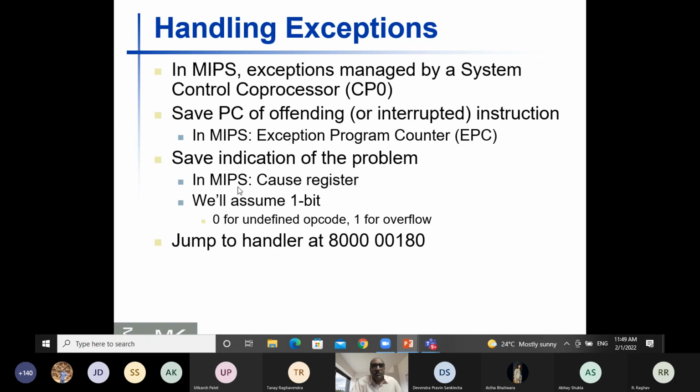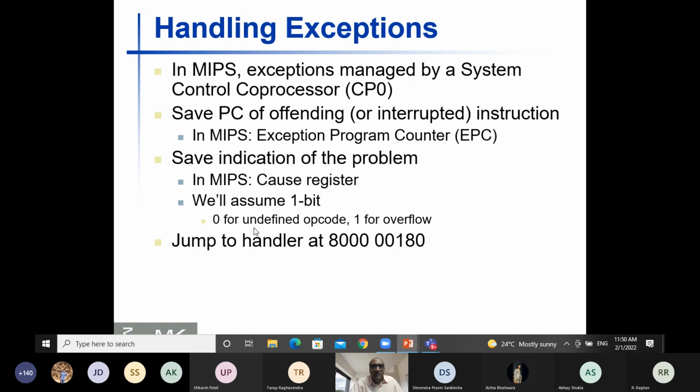Along with that, there is one more register known as the cause register, where there is a provision to specify the cause of the exception, whether it is due to overflow, an undefined opcode, a system call, or some other thing.